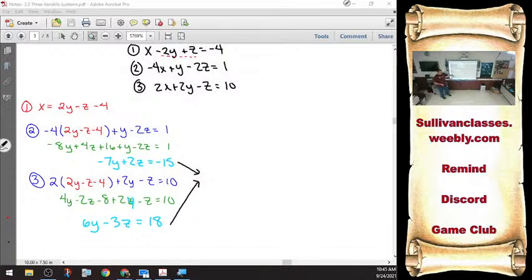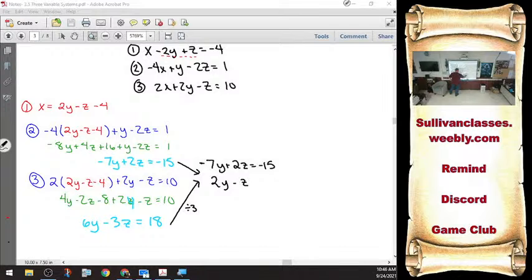I can divide this by 3. Now the reason I want to do that on the fly, if I can, is it's going to make the next stage, instead of multiply by 2 things, multiply by 1 thing. So I'm going to rewrite this. -7y plus 2z is -15. And I show the arrow saying I am rewriting this, so along the way, how about I say divide by 3?